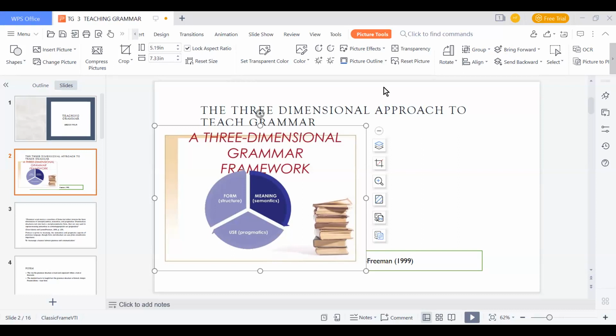Think of your grammar lesson. So you have done in class. Have you given equal emphasis on all the three components or the dimensions? I'm asking genuinely. Most of the time, we actually make it the form and the structure practice. Am I right?